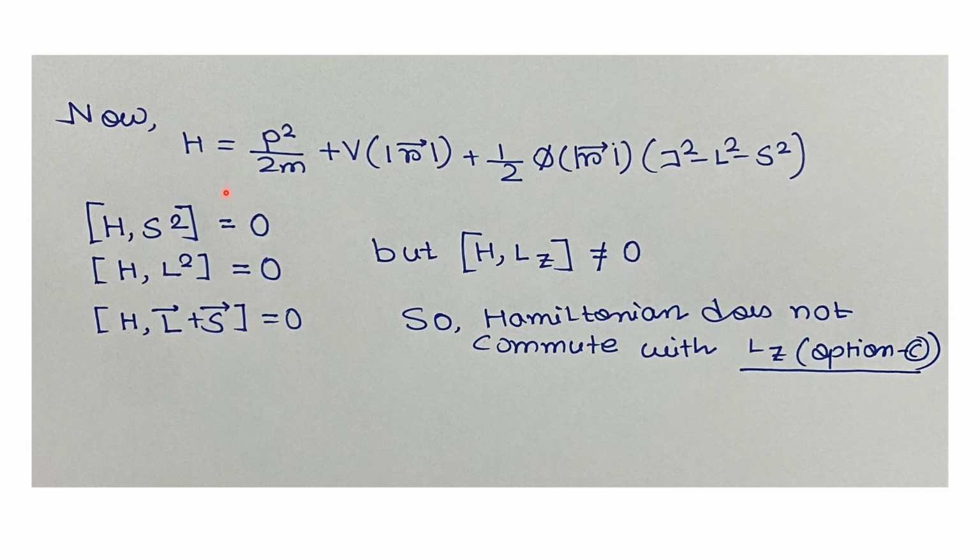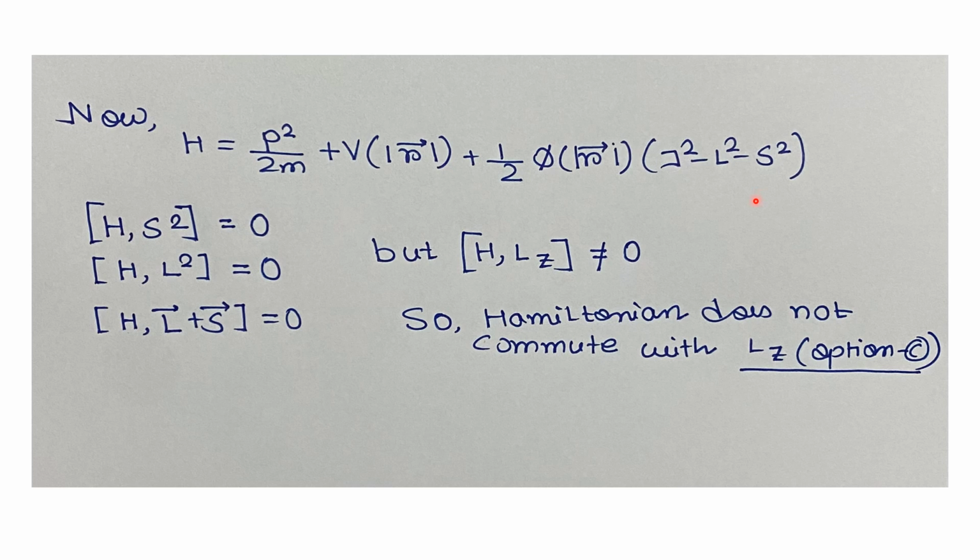Now from the expression of the Hamiltonian for this system, we can say the eigenstate of the Hamiltonian will also be an eigenstate of J or J square, also L or L square, and also S and S square.